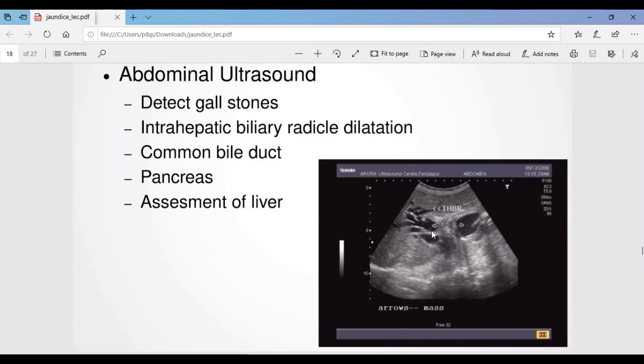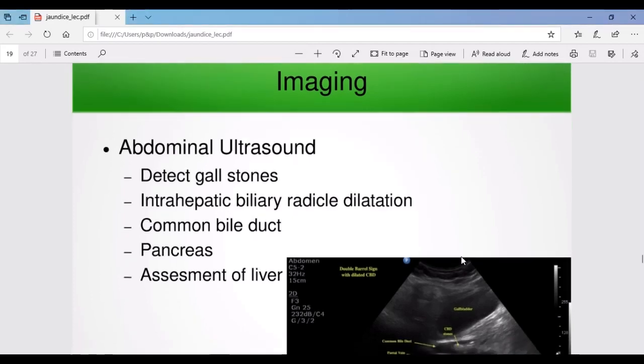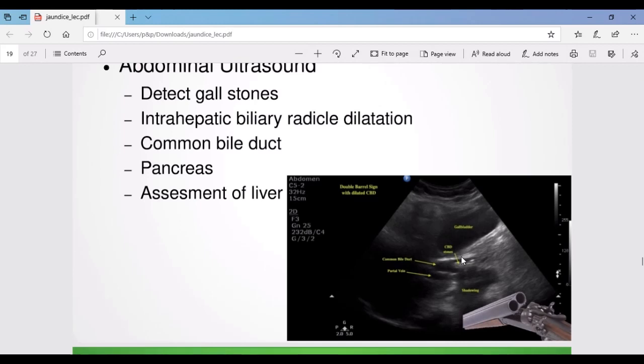We see a mass occluding the common bile duct. Another view with a portal vein and common bile duct, and we see that both are equal in diameter. Again, dilatation and extrahepatic obstruction.